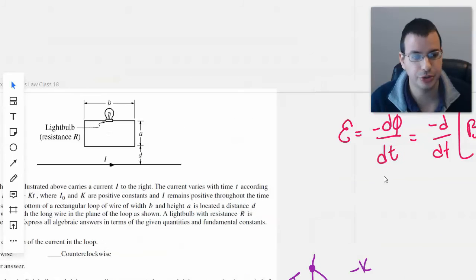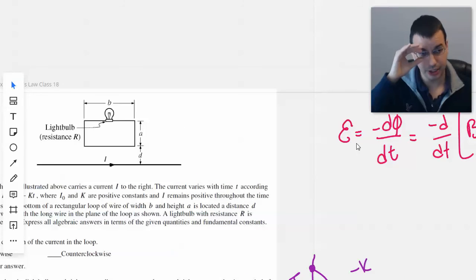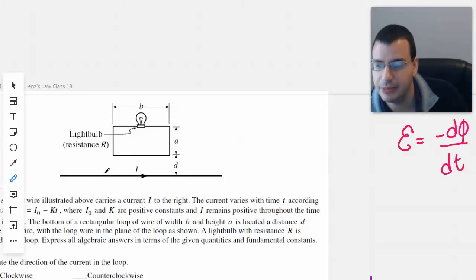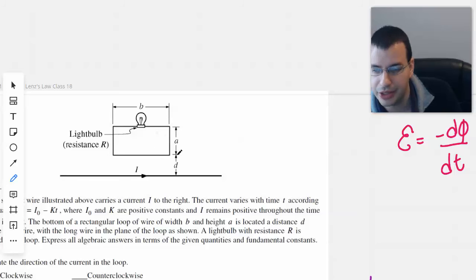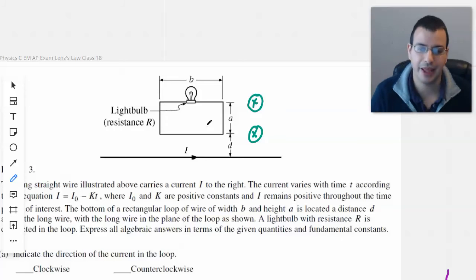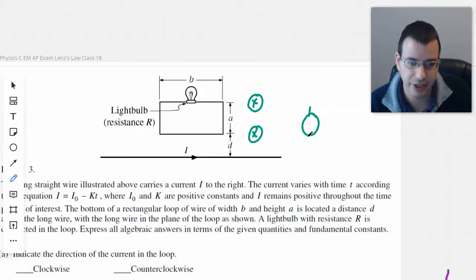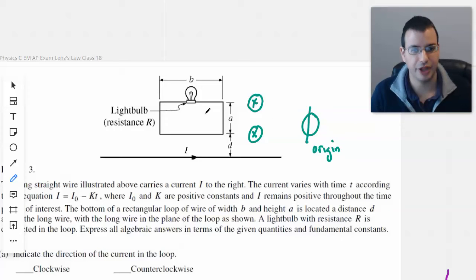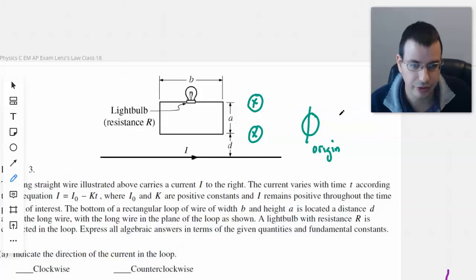So for this, we'll use Lenz's law. EMF equals negative d flux dt. So the magnetic field at this point, using the right-hand rule, will be into the board, and at this point will also be into the board. And so we have a flux going through the center, the original magnetic flux, which is decreasing because it's related to the magnetic field in the area, and the magnetic field is lowering.